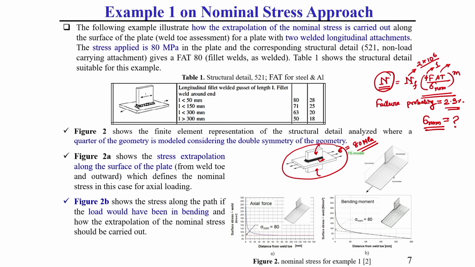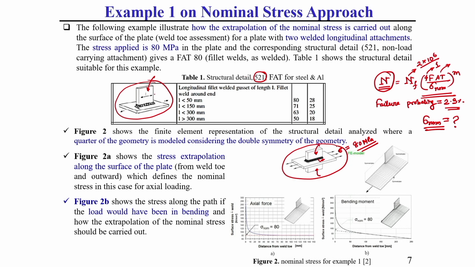For this, it is observed that these types of joint geometry details, on the plate and at the top side of the gusset plate, are generally available in the FAT class tables, where the structural details are grouped under different names in tabular form.